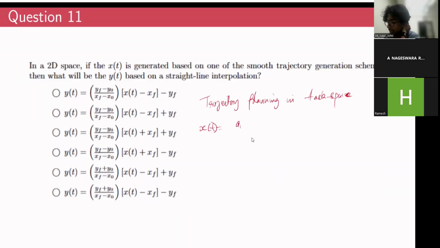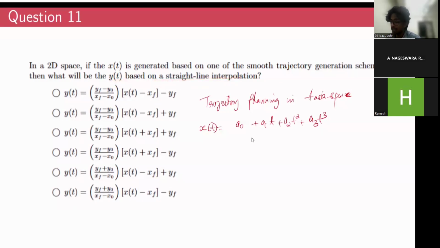That will be a0 plus a1 t plus a2 t squared plus a3 t cubed. The question asks you to determine the other coordinate, the second variable, based on a straight line interpolation.